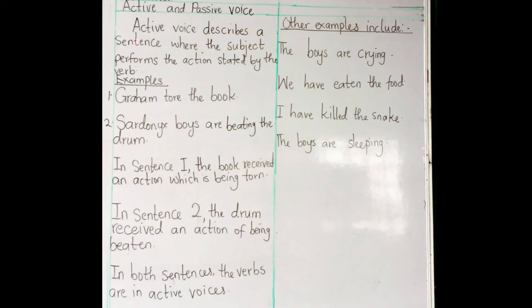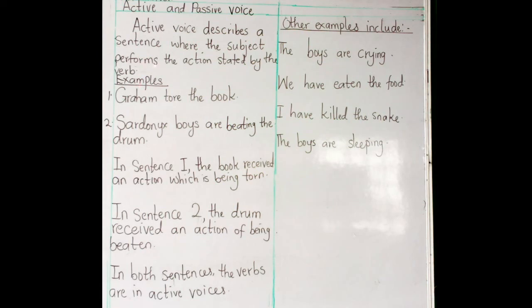Beautiful. So when we talk about sentence, remember there are 3 parts of the sentence, and from there we're able to break them into 2. Remember the subject, that's the first part of the sentence. The doer, the person that is carrying out the activity, the person that performs the action, that is the subject.